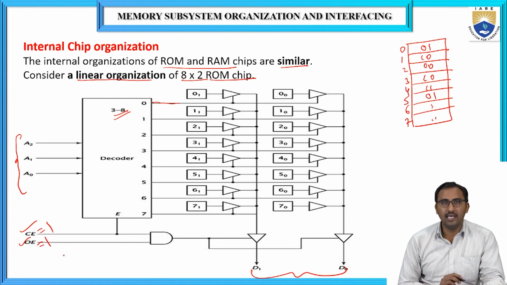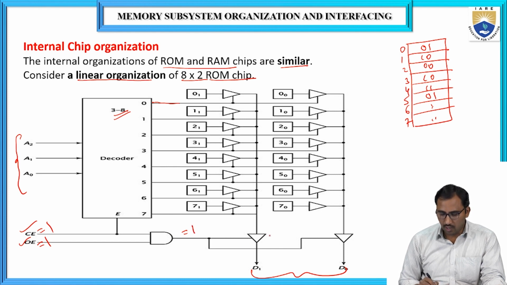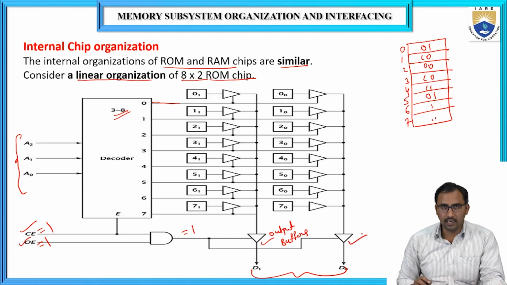So when the chip enable and output enable pins are equal to logic 1, the output of the gate will be logic 1. Then the output buffers will be enabled, and the data present in the memory cell will be outputted.